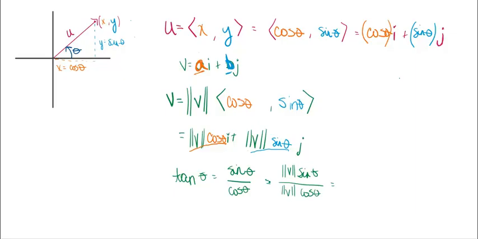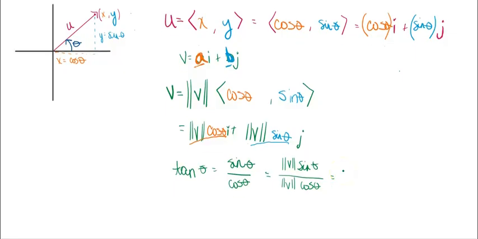Now, remember that the magnitude of v times sine theta is equivalent to b, and the magnitude of v times cosine theta is equivalent to a. So you could say that tan theta is equal to b over a, and we are going to use that to find the direction angle of our vectors.